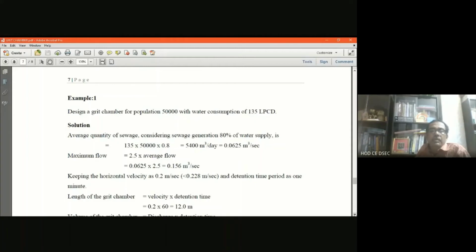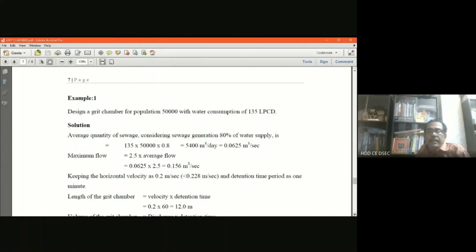So population is given as 50,000 and water consumption is 135 liters per capita per day. That means, what is the total quantity of water? It is simply 50,000 into 135. But this is the amount of water supplied.